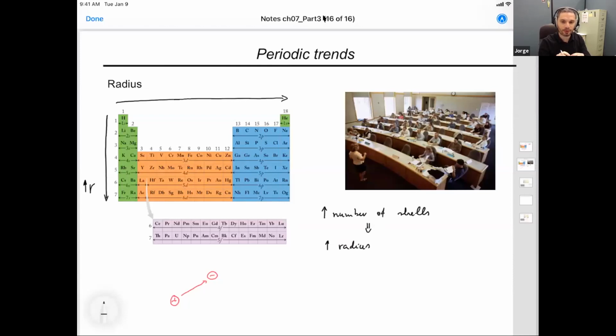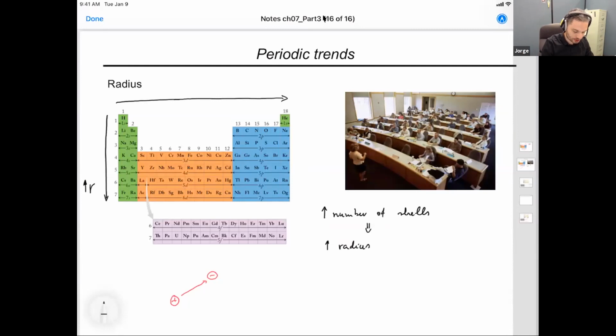However, we are adding one extra positive charge and one extra negative charge, while keeping the same shell. So it's like we have more professors here in the center attracting your attention, and we have students only in one row.